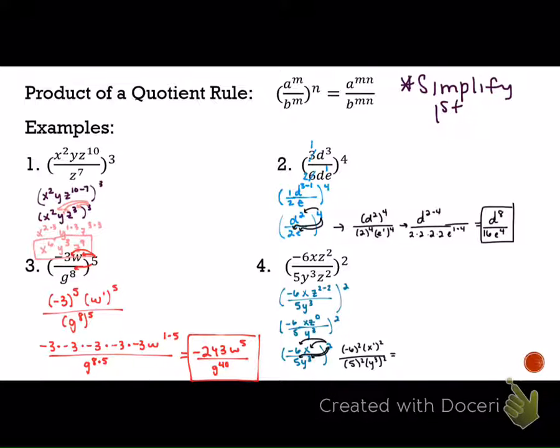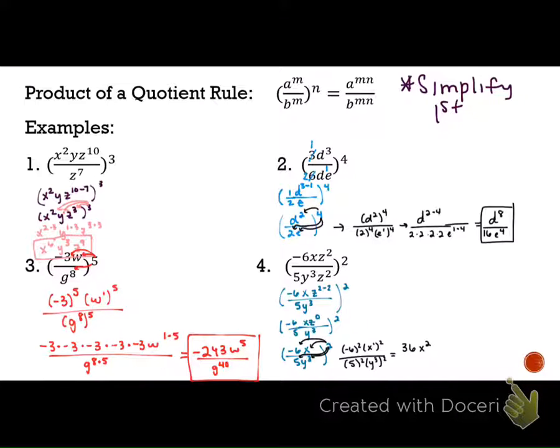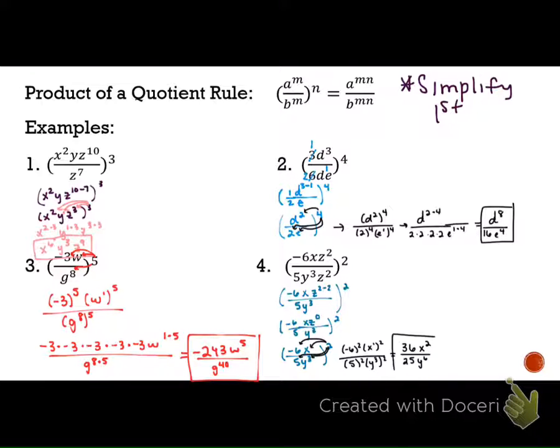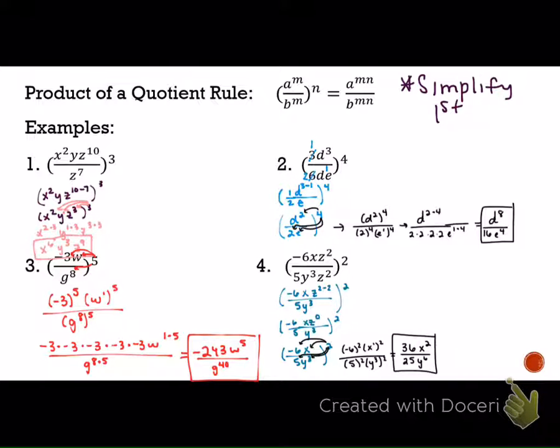So we have negative 6, negative 6 times negative 6 is 36. 1 times 2 is 2. 5 times 5, you're not doing 5 squared. 5 times 2, you're doing 5 times 5. And then I have y to the 6. Do you guys have questions there? Okay, go ahead and get that copied down.